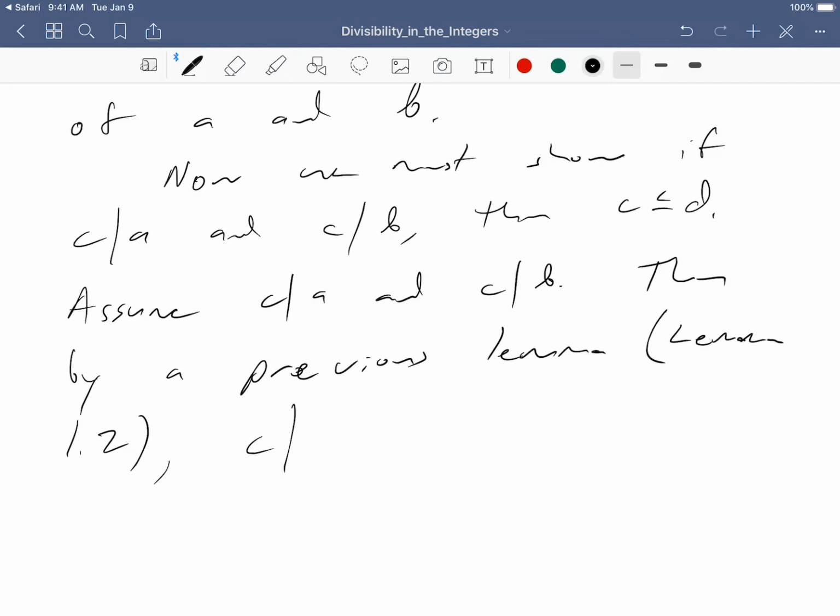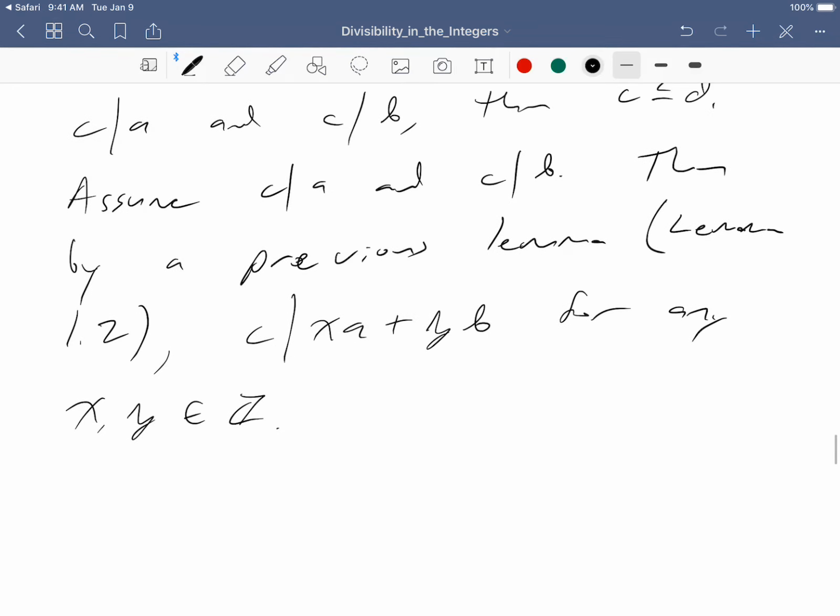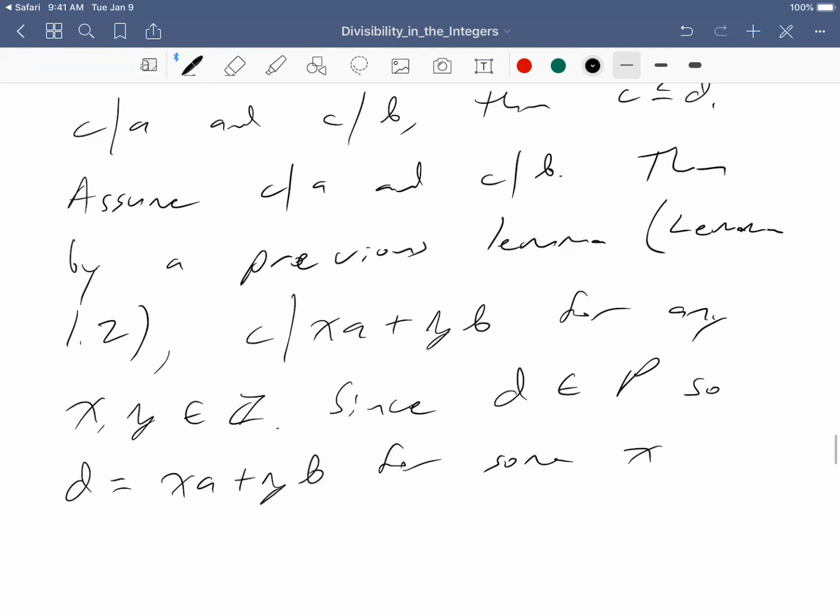If C divides A and C divides B, then C divides anything times A plus anything times B, for any X and Y that are integers. And remember that D was our element in P, so D equals XA plus YB for some X and Y that are integers.